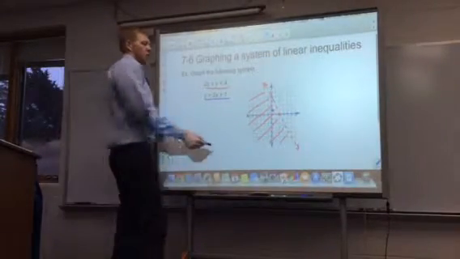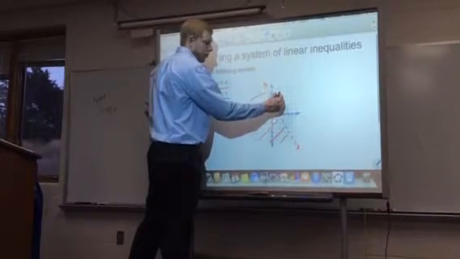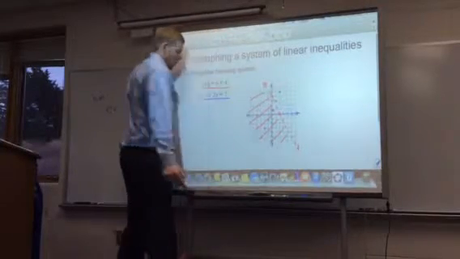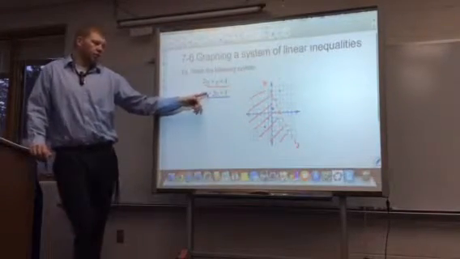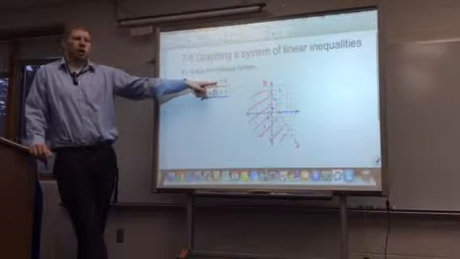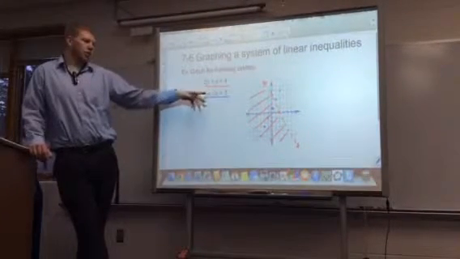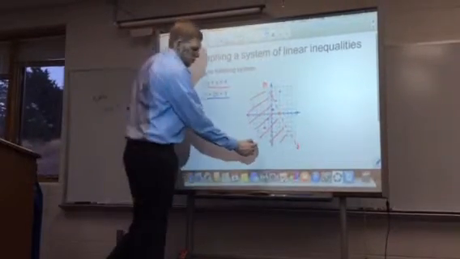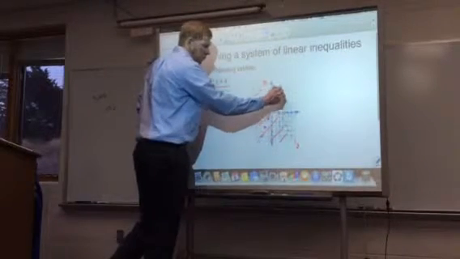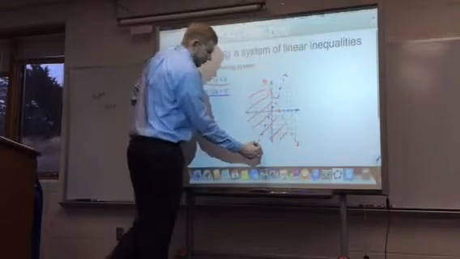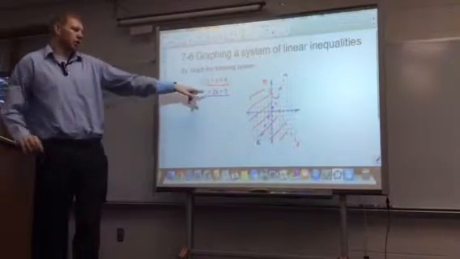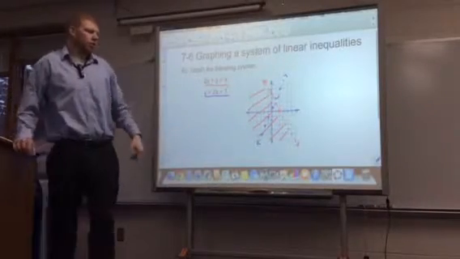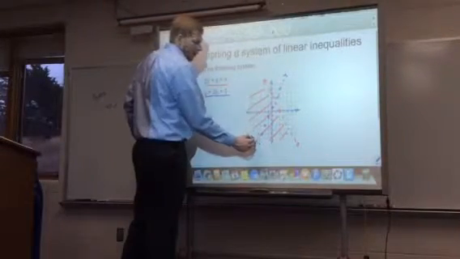So I'm going to go up 2 over 1, up 2 over 1. Now the part that you missed yesterday is this part. Since this is just greater than, what kind of line am I going to have? It's dashed. If this was greater than or equal to, or less than or equal to, that's going to be a solid line. So this one's going to be a dashed line. Now, if I plug in 0, 0, is 0 greater than 1? No. So I'm going to go on the other side of the line, which would be up here.